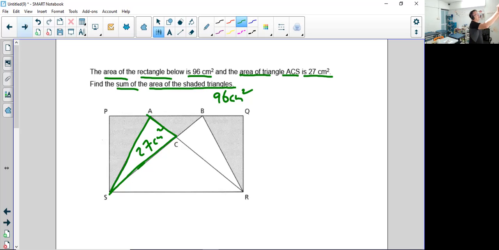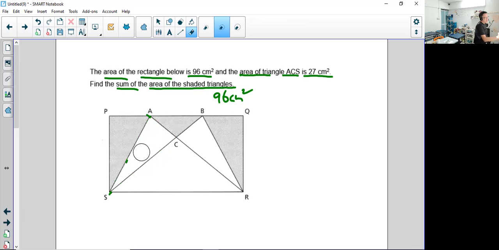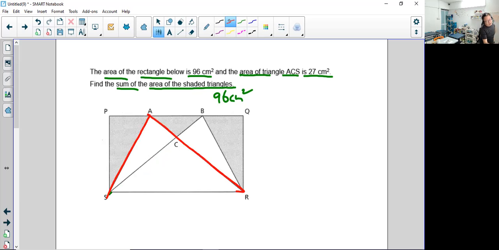Now I'm going to erase the green color, and we just focus on one of the big triangles, which is this one. This big triangle is not a right angle triangle, but can I redraw this into a right angle triangle? Yes, I can.